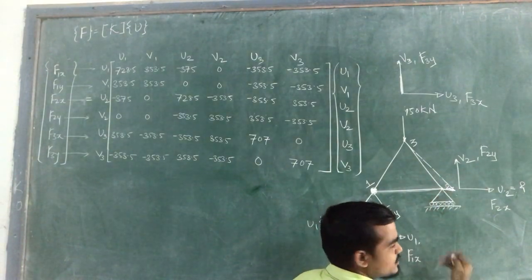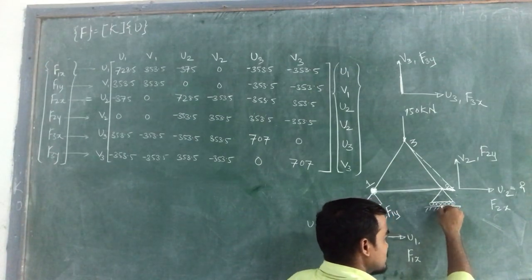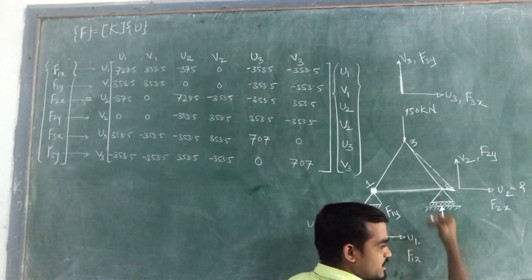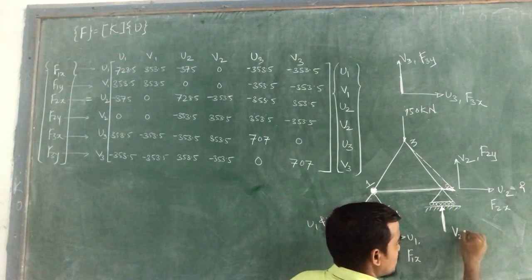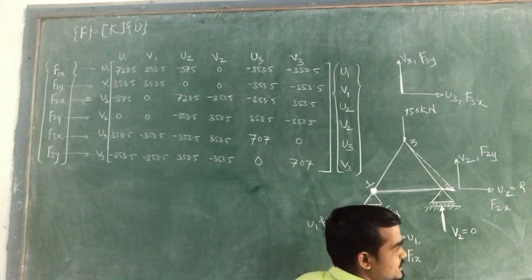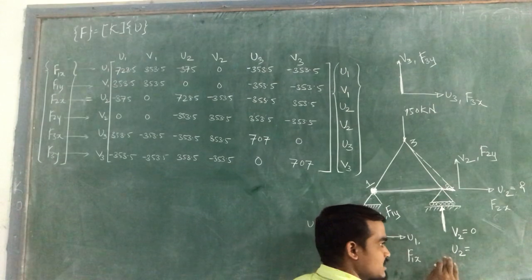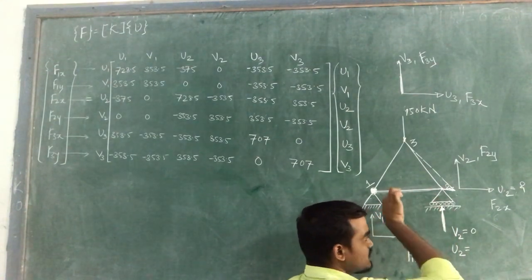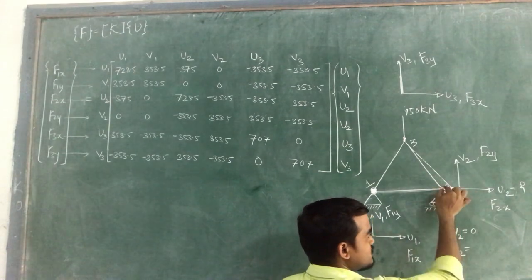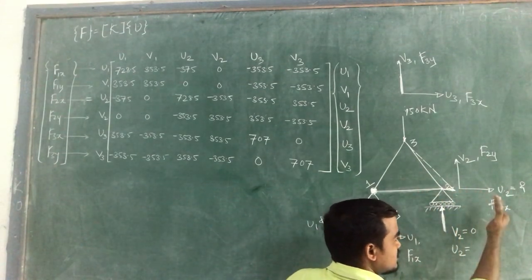Due to the roller support reaction, there will not be any movement in the vertical direction, so V2 must be equal to 0. U2, however, must have some displacement in the horizontal direction, because this is a roller support and the node will move horizontally.